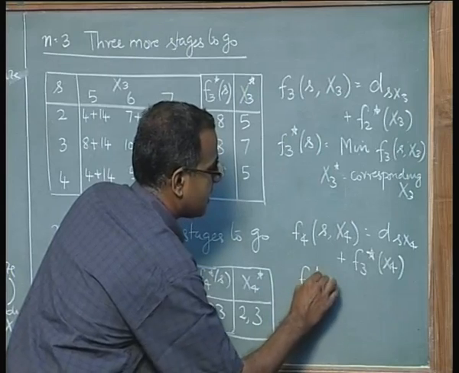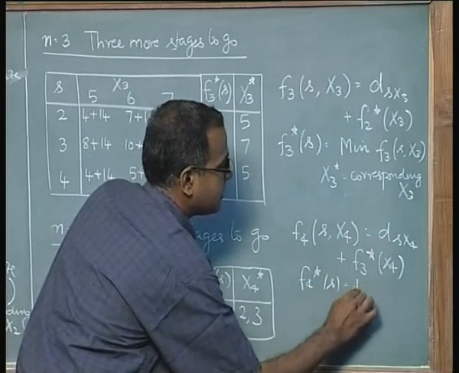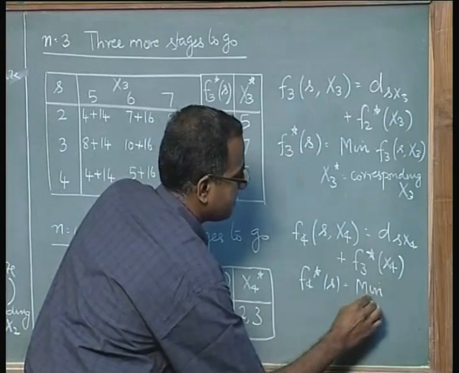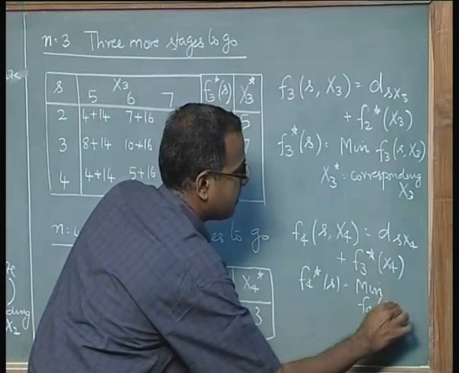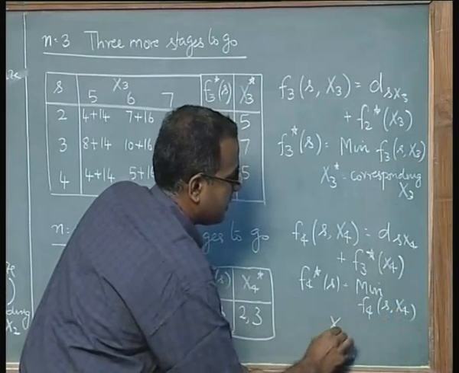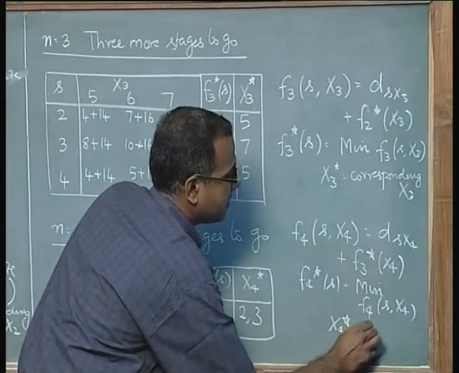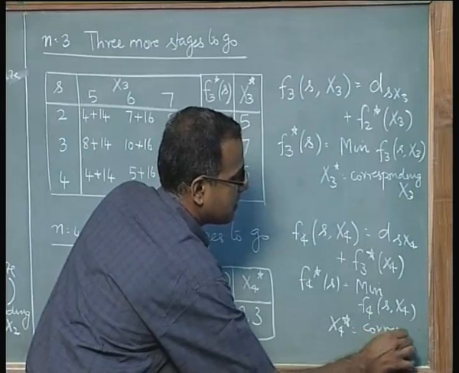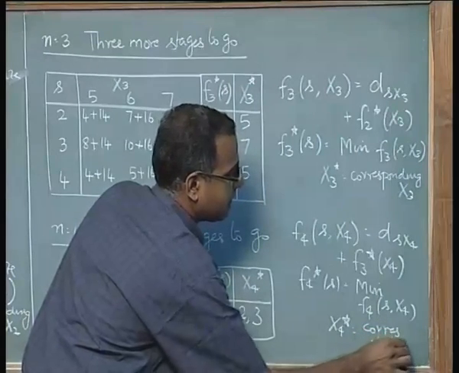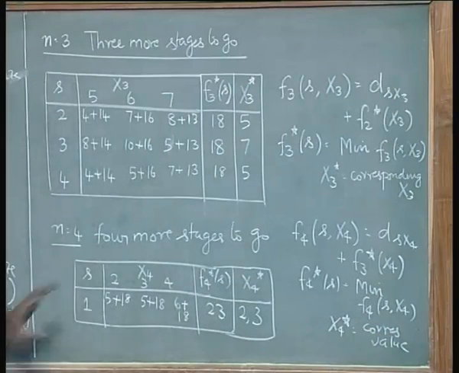Now F4 star of S is to minimize F4 of S x4, and x4 star equal to the corresponding value. Now we have solved the problem.